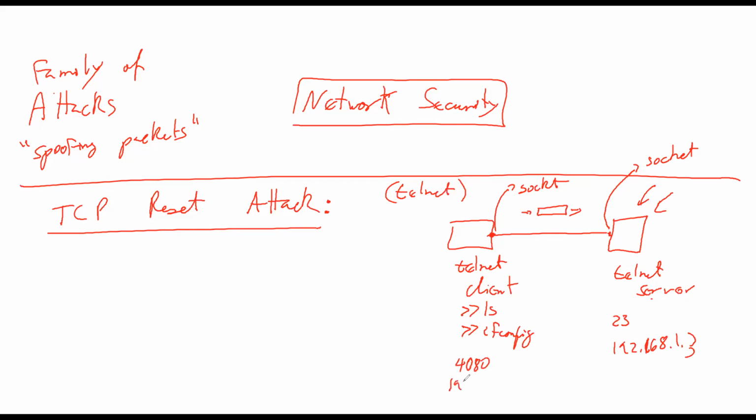And then this is going to be 192.168.1.11, let's say. So those are your two sockets that establish the connection and the session. And after that, usually the only thing that follows is the sequence number. All right, so let's go ahead and think about this.